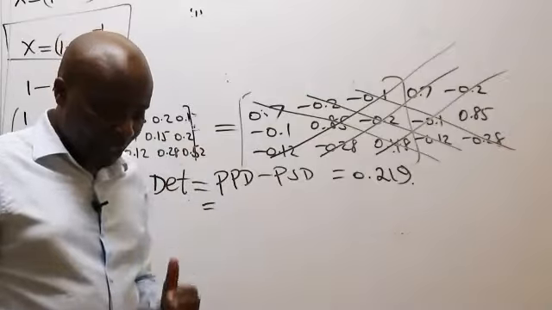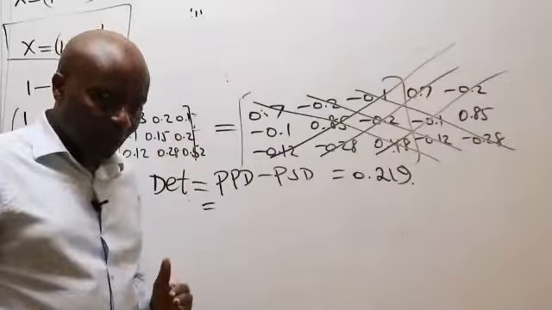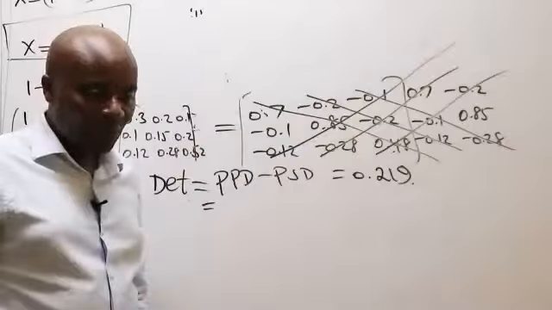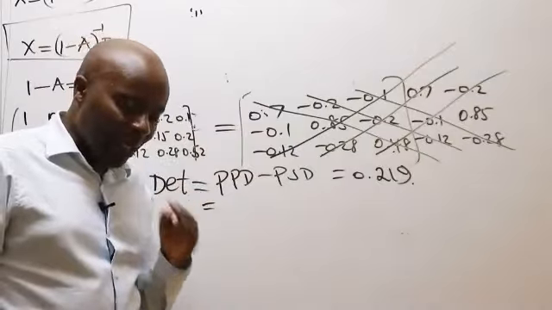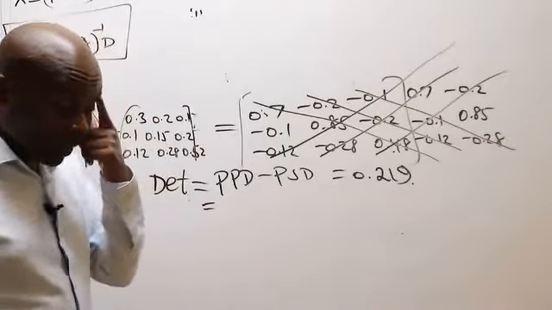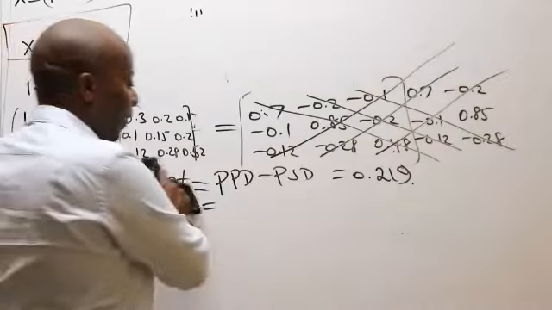I'm repeating the basic steps of ascertaining the inverse of a 3x3 matrix. Number 1, give us the determinant. Number 2, give us the minor elements. Number 3, give us the cofactors. Number 4, give us the inverse definition.